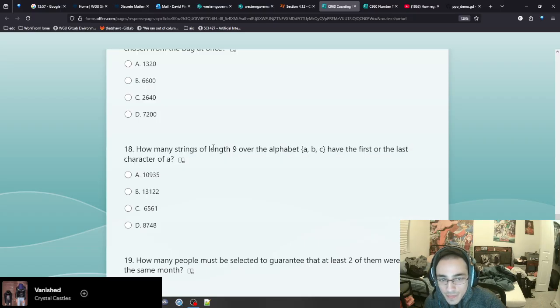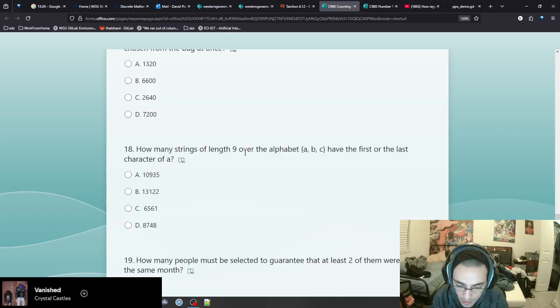Okay. So how many strings of length 9 over the alphabet have the first or last character of A? So if they have the first or last, oh, it's 2 to the power of 8. Whoops. Alright, so 2 to the power of 8, and then there's 2 of them for the individual cases, plus 2 to the power of 7 when they're both occupied with A's.